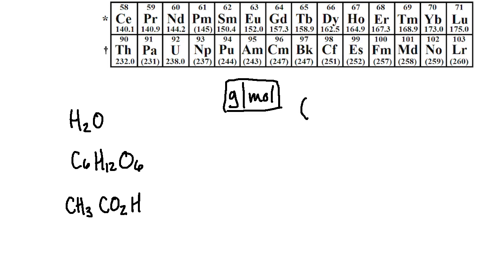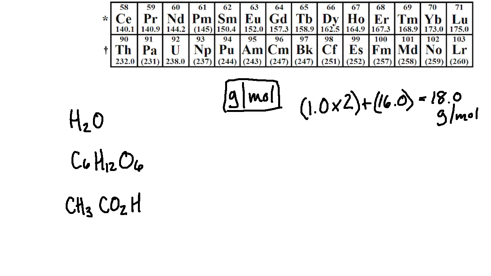The hydrogens are going to be 1.0 apiece times 2, plus the oxygen, which is 16.0. If I add those together, I get 2.0 plus 16.0. So the molar mass of water is 18.0 grams per mole.